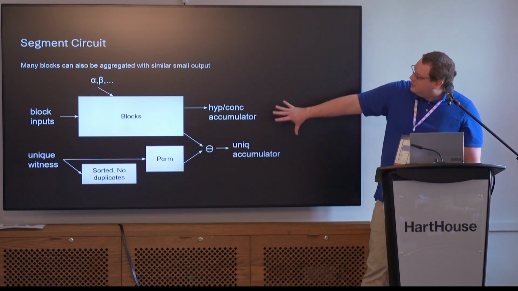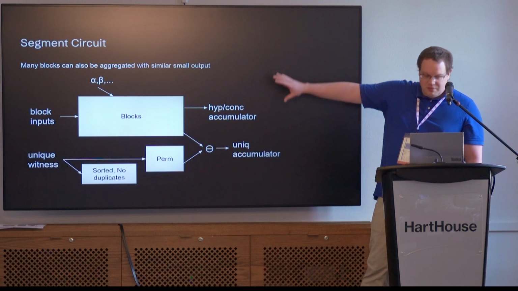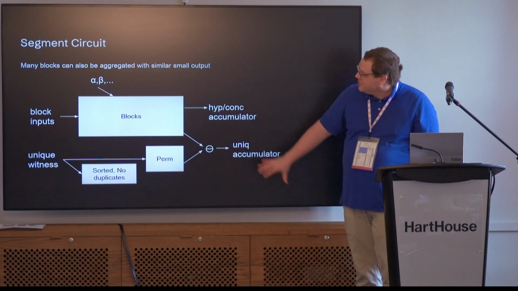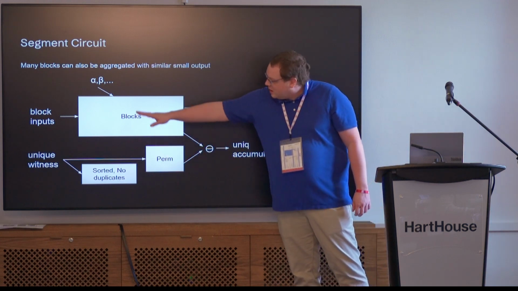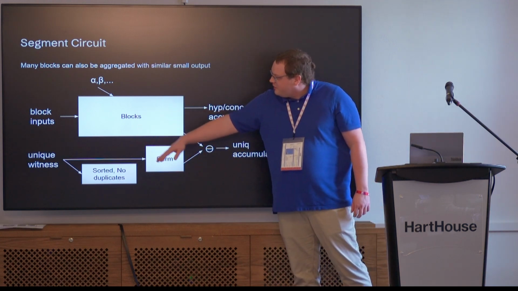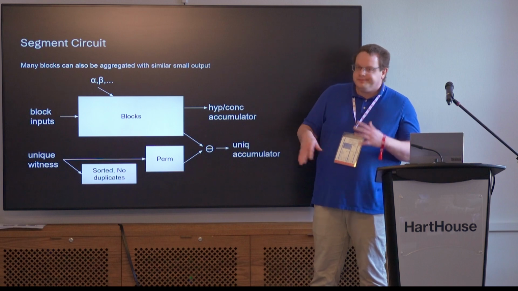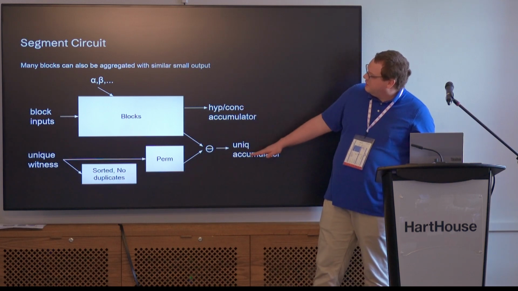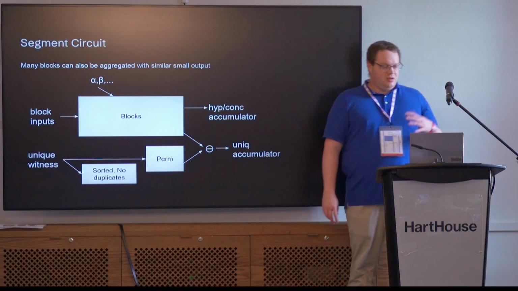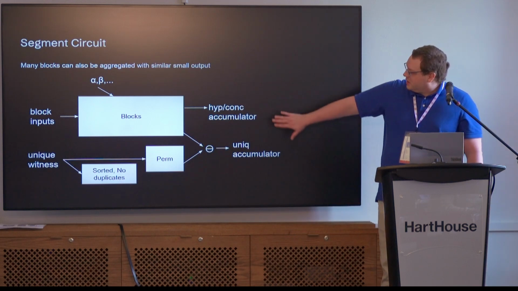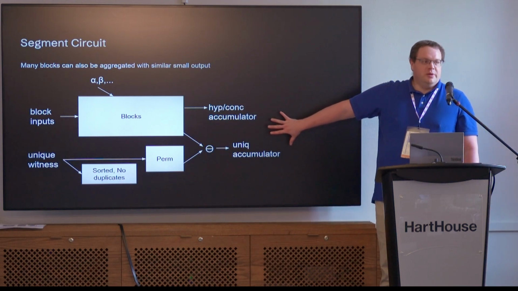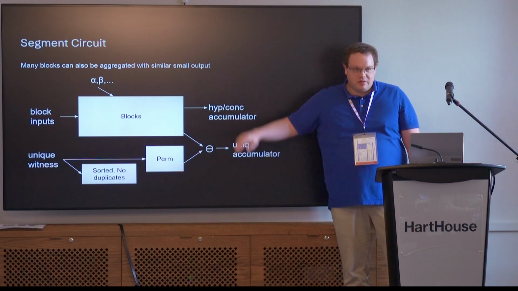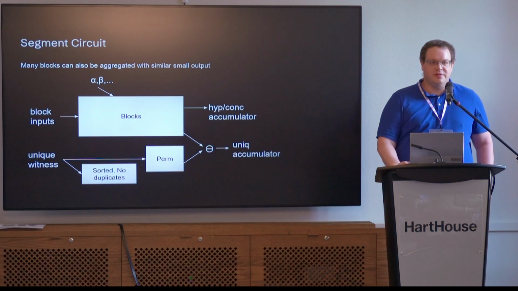So overall, you get a circuit, what we call a segment circuit, that has room for a bunch of rules, and it has all these local inputs, and then the only thing you really need to know to check if it's well behaved is these single numbers coming out from the accumulators, and you need to make sure that your Fiat-Shamir parameters are behaving themselves.